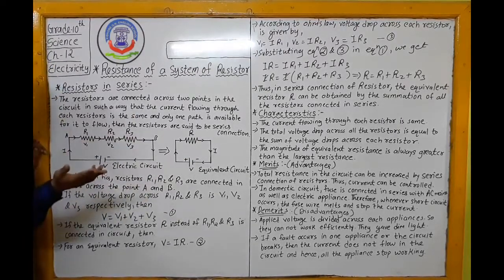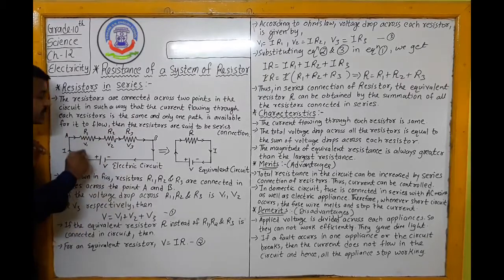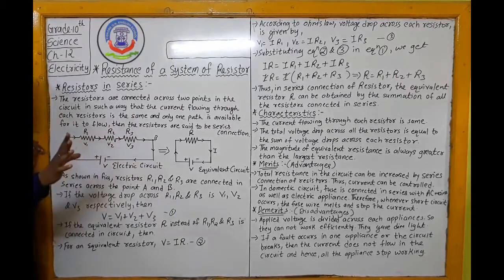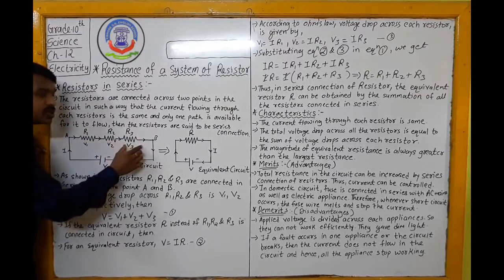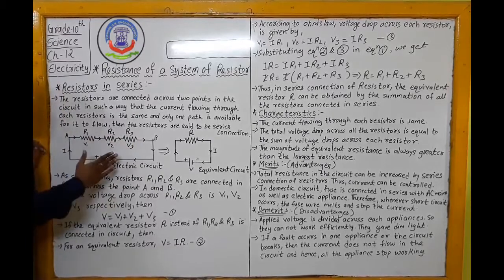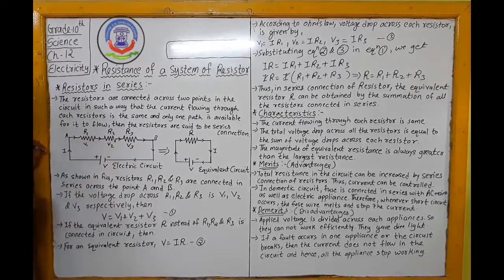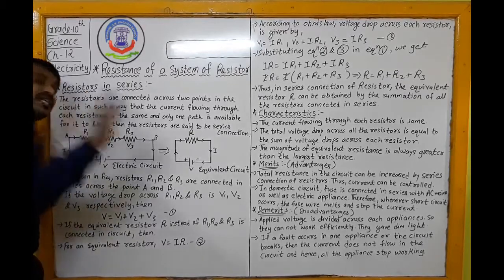So it's a series connection. Whatever current is flowing through these three resistors is the same. That means this current I will equally pass through this resistor as well as through this resistor. That's why this is known as series connection. Okay, but when we do the series connection, our voltage gets divided.